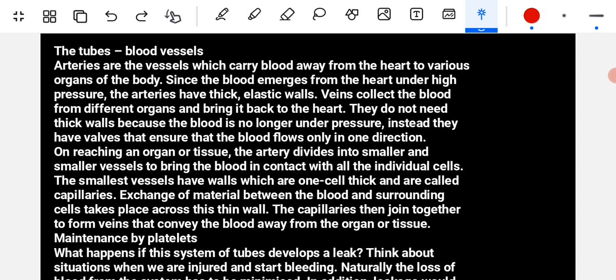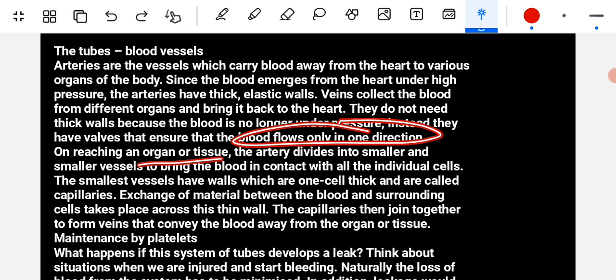Arteries are the vessels which carry blood away from the heart to various organs of the body. Since the blood emerges from the heart under very high pressure, arteries should have thick and elastic walls. Veins collect the blood from different organs and bring it back to our heart, and they do not need thick walls because they are not under any pressure. Instead, they have valves to ensure that the blood flows in only one direction.